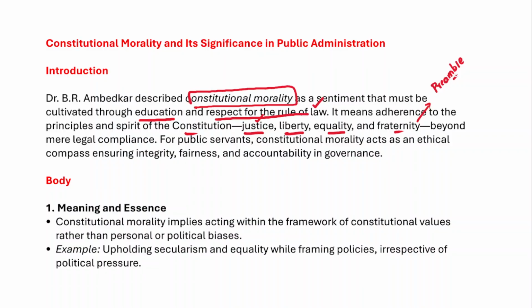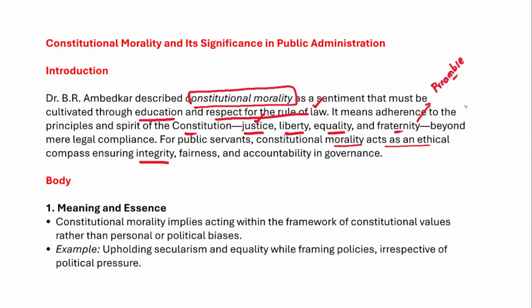However, for any public servant, constitutional morality acts as an ethical compass, because it deals with justice, liberty, equality, and fraternity. It ensures integrity of the services and duties that a public servant delivers, and fairness and accountability in governance.